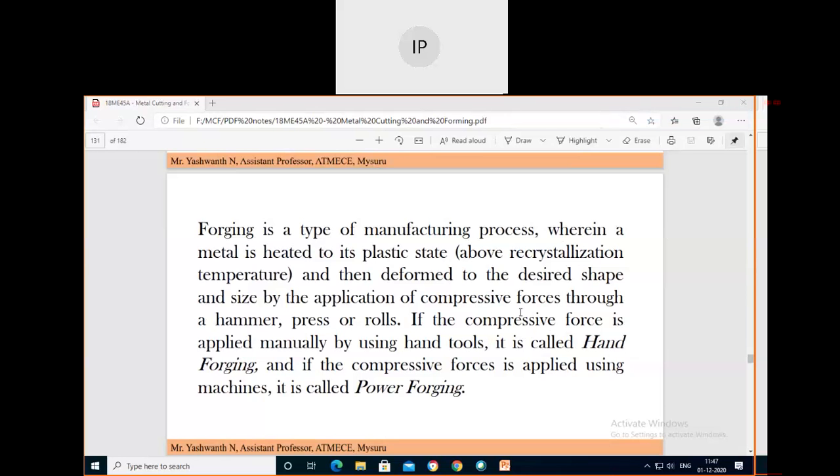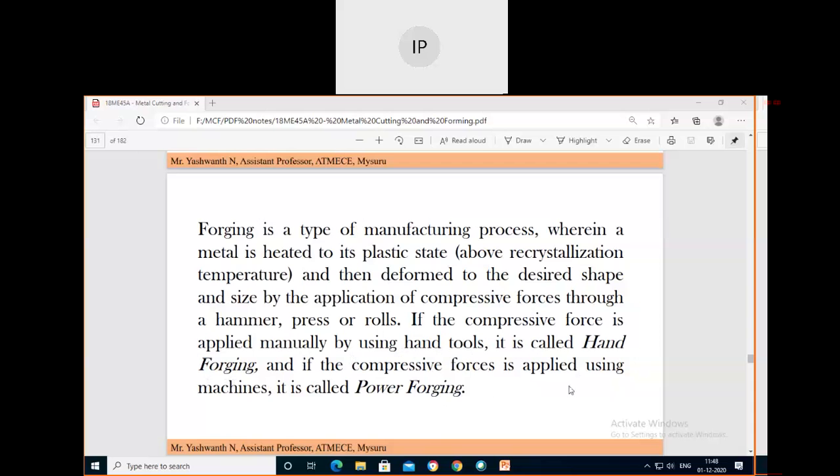Now the compressive force application is done with the help of hammer, press and rolls, as a direct compressive force is acting on the surface of the workpiece for the formation of the object. If the compressive force is applied manually with the help of hand tools or a hammer, we call that hand forging.